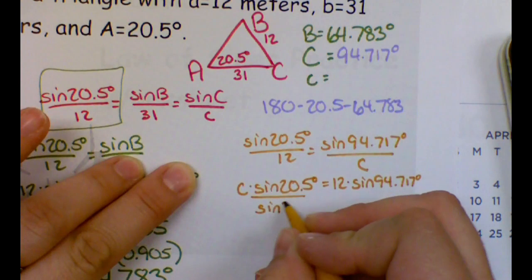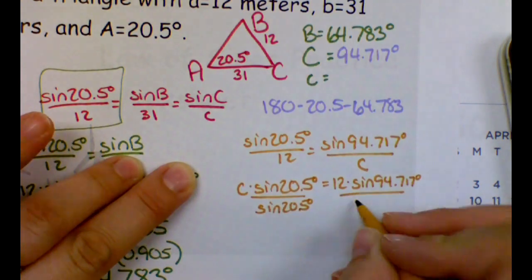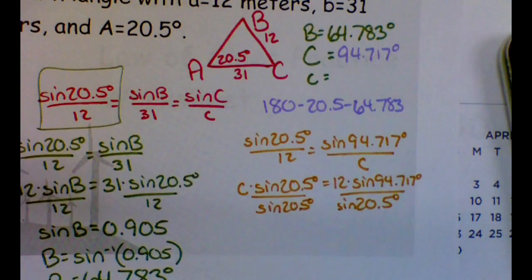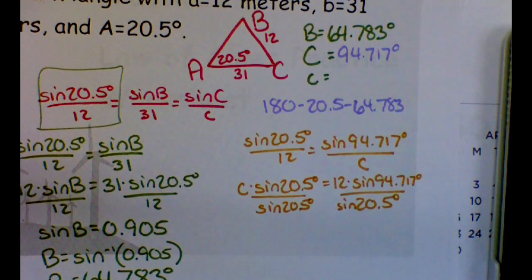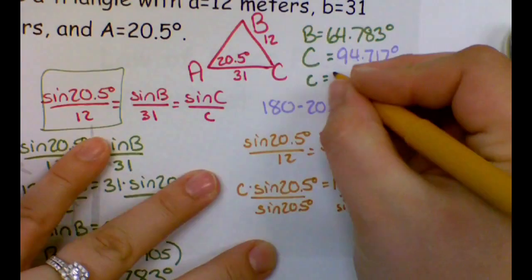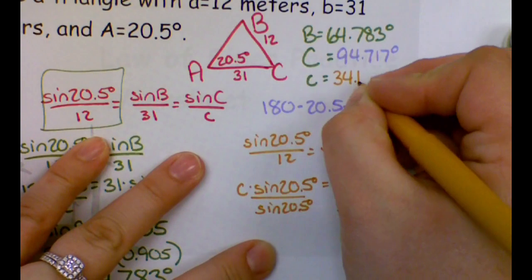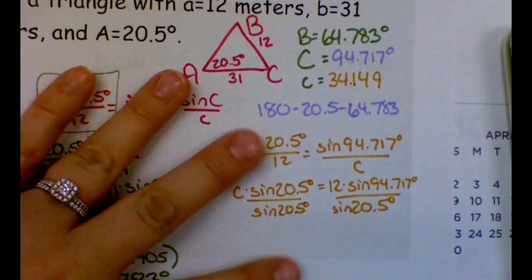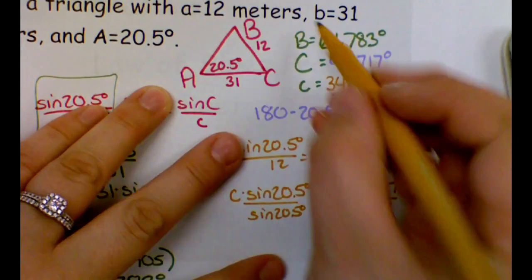Divide by the sine of 20.5 degrees. Oops, sine of 20.5. And let's see, 12 times the sine of 94.717. I got 34.149. Look for labels. They were labeled in meters, so that side is in meters.